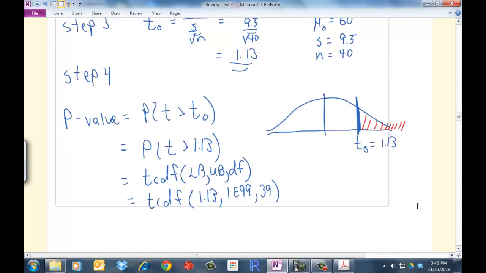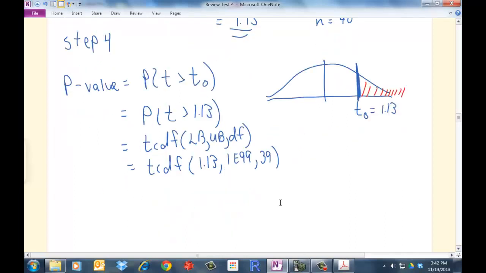So let's see what we get for the p-value here.